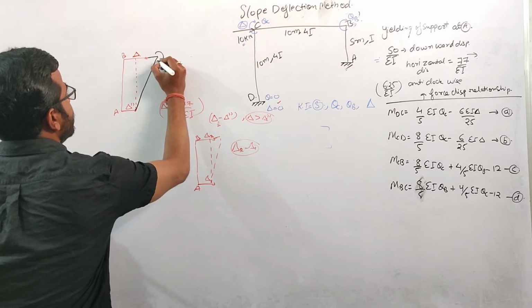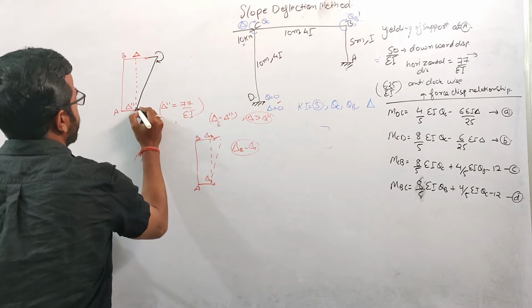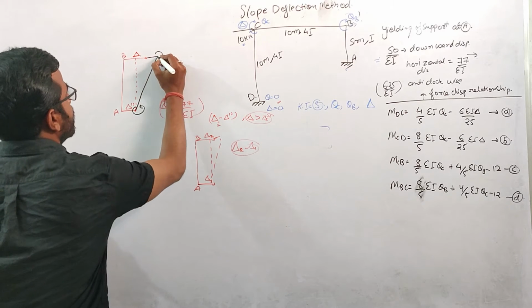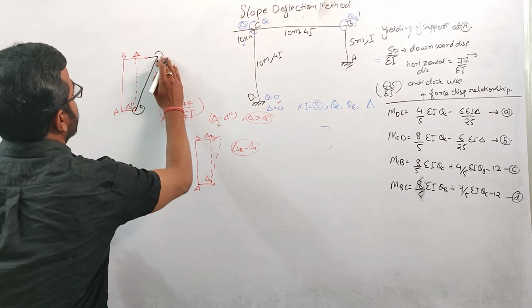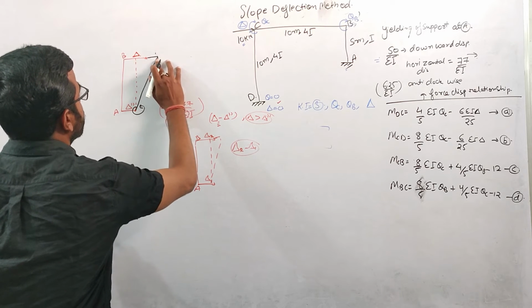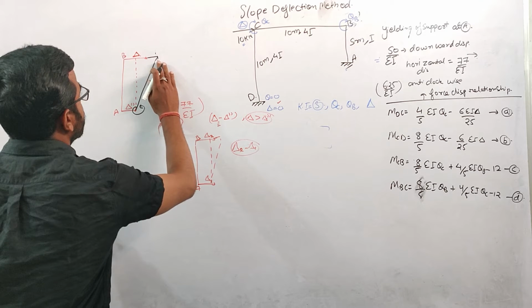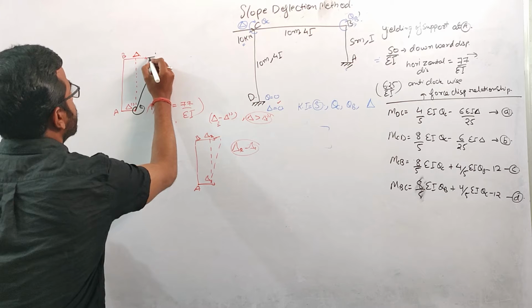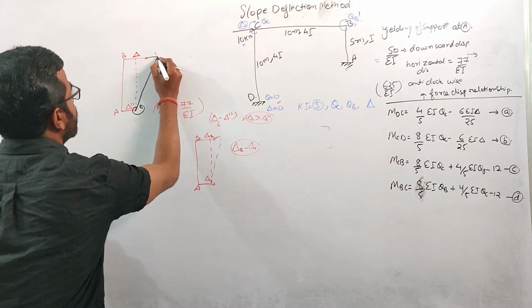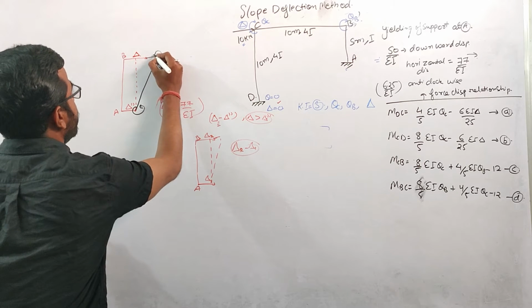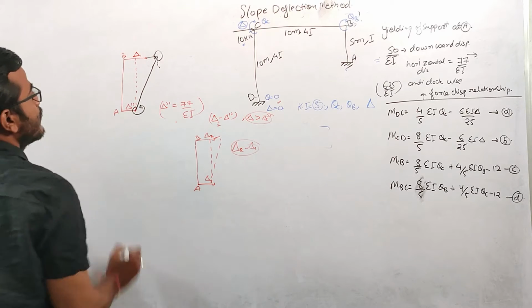So the moment generated at the ends will be again anti-clockwise. There will be anti-clockwise movement, right?